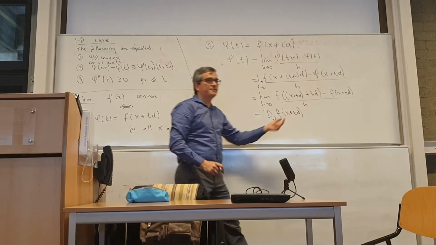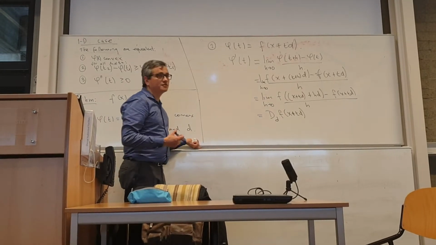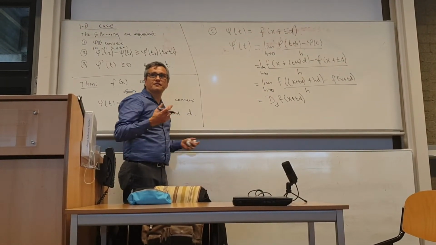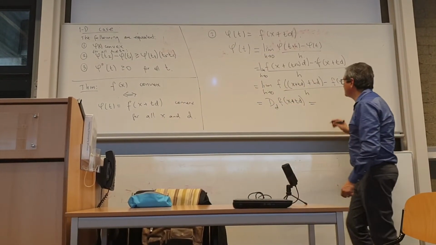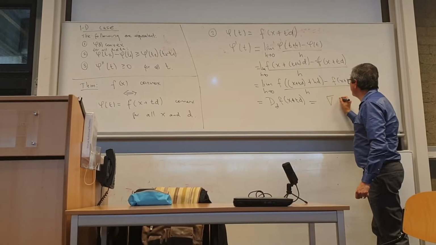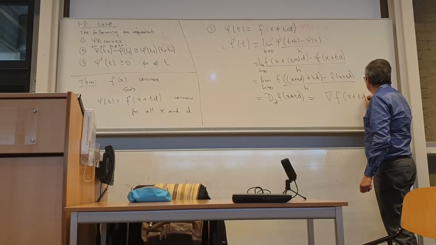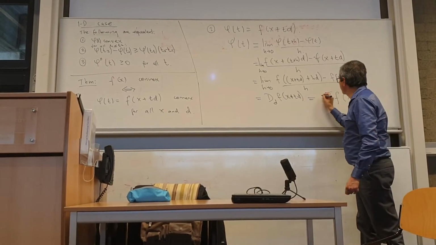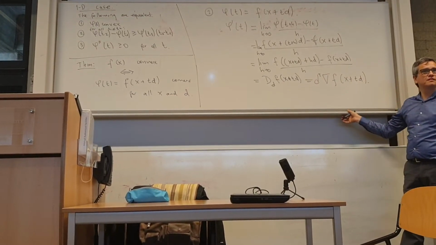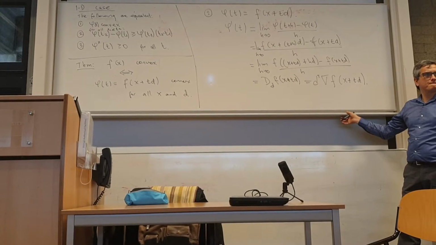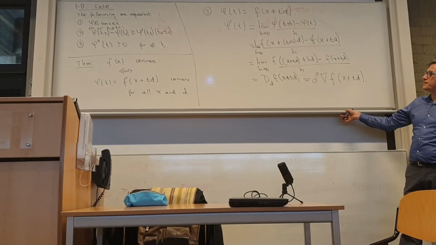You see? And I divide it by h. And this is where the gradient appears, because when we defined the gradient, we said the gradient is just this directional derivative. So this is going to be the gradient of f evaluated at x plus td, and then we get d transpose gradient of f at x plus td. So that's the derivative of phi.